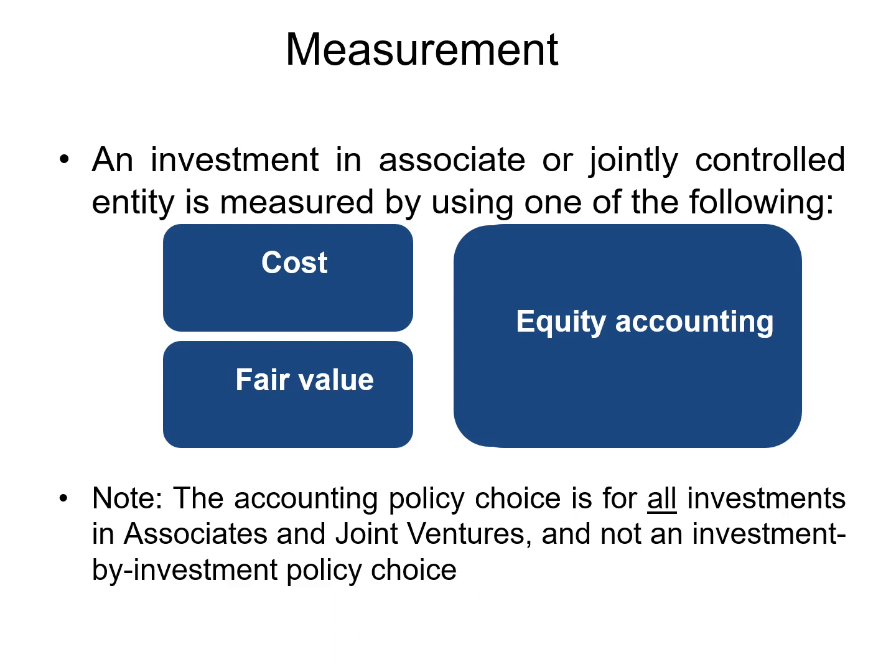Now, whatever policy choice we make, we need to make sure that we apply it for all investments in associate companies. Assuming therefore we say all associate companies must be measured at cost, then everything must be at cost. We could decide though for joint ventures that we would like to equity account all our joint ventures, and then all joint ventures will be on an equity accounted basis. We can't mix and match within the same category between the three different methodologies that are available.